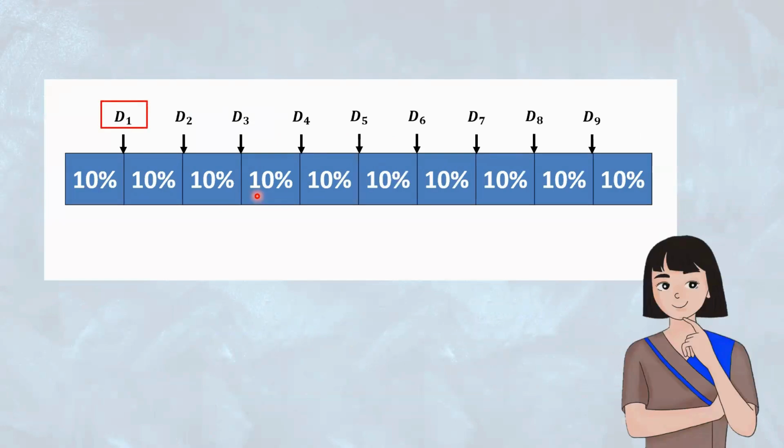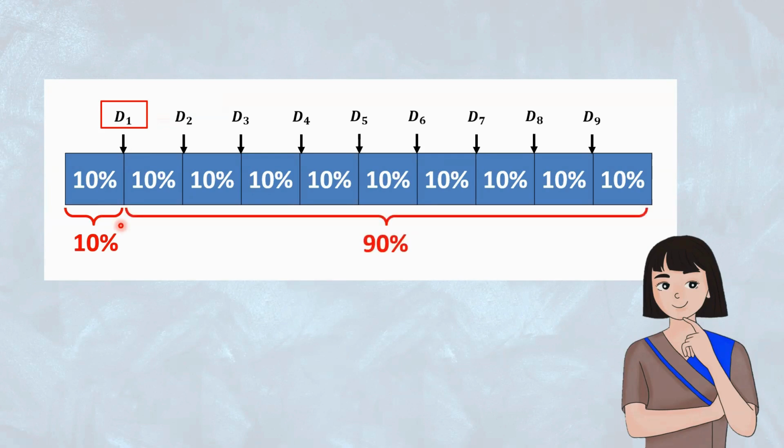Okay, let's say, for example, a score in a data set falls on decile 1. It can be interpreted as 10% of the scores in the data set are less than or equal to the decile 1 value, and the remaining 90% are greater than or equal to the decile 1 value.